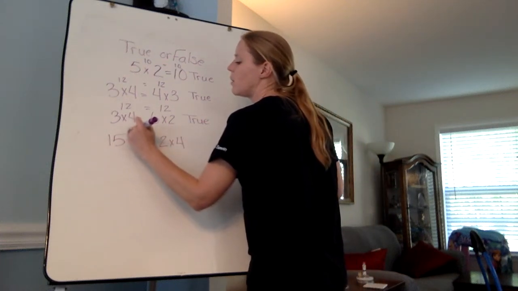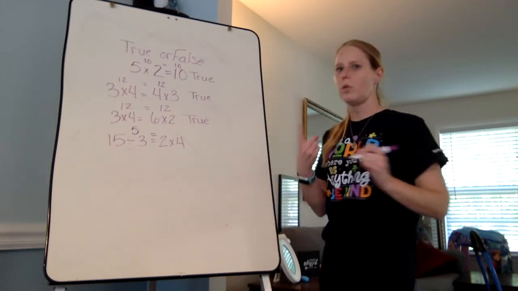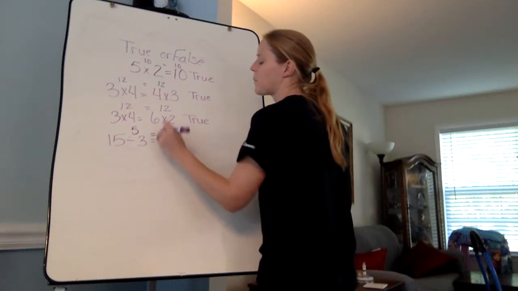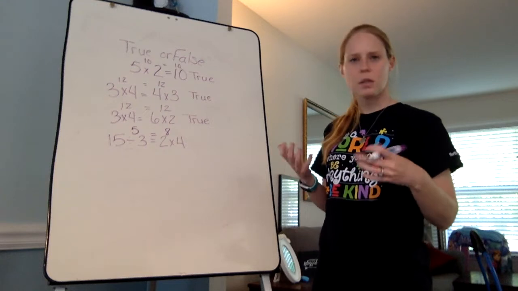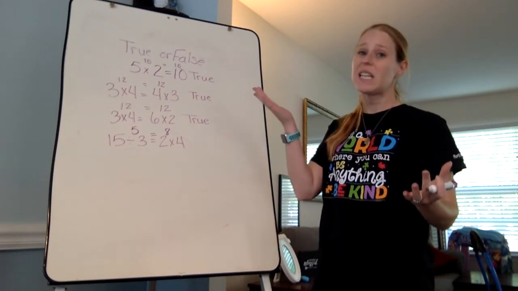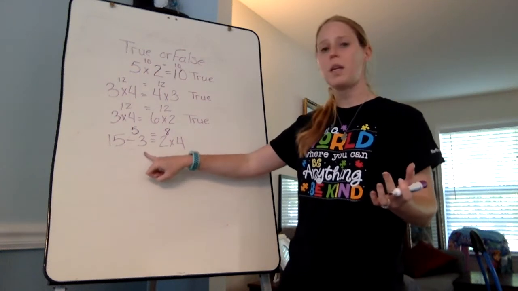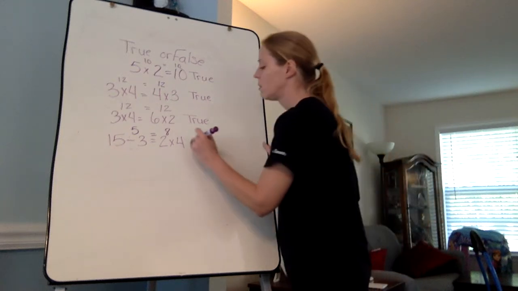So this answer is going to be a 5. Equals 2 times 4 is 2, 4, 6, 8. We have a 5 on one side and an 8 on the other. Is our balance going to balance out, or is one side going to go higher than the other? One side's going to be higher than the other. So in this case, 15 divided by 3 does not equal 2 times 4. This is false.